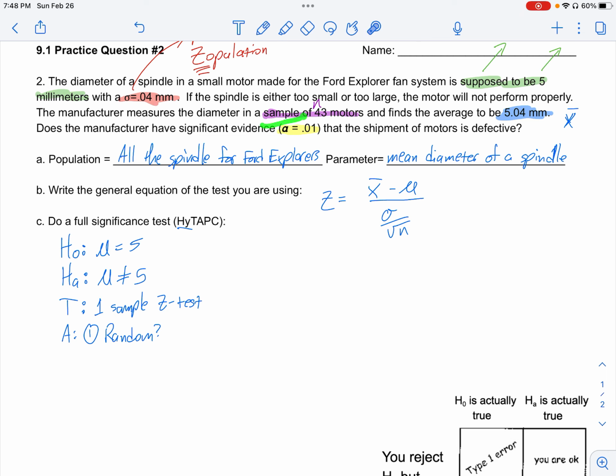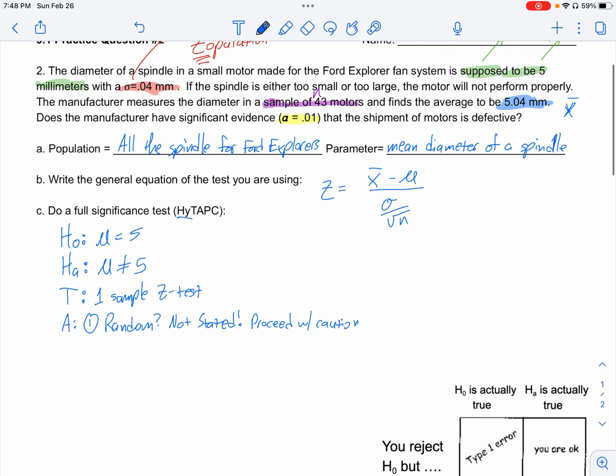It just says in a sample. So I would say not stated. Proceed with caution. I don't think I'm missing anything up there. Yeah, it doesn't say anything about it really being random.